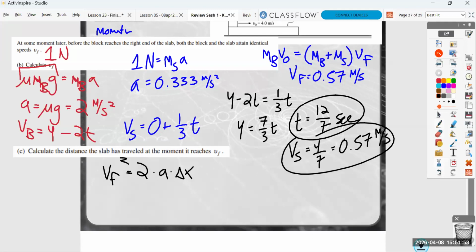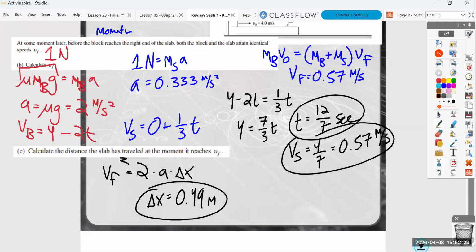So 2 times 1/3. Is that right? Did I do that right? Nope, I didn't do that right. Oh, I did do that right. 4/7 squared. I guess I did that right. So I get a delta x of 0.49 meters or something. I got it.